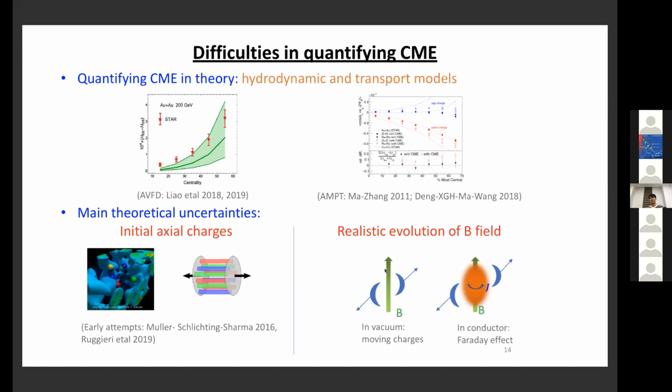However, in the realistic case, there would be the hot medium of quarks and gluons, and this medium is conducting. So when the B field drops, it will generate a Faraday current, which will try to sustain the B field, and this way the B field can actually be kept much longer if the conductivity is larger.